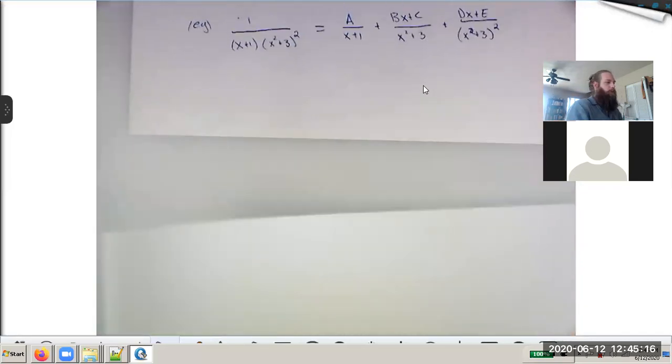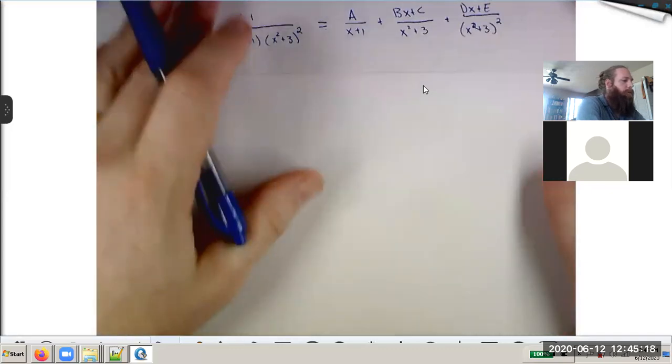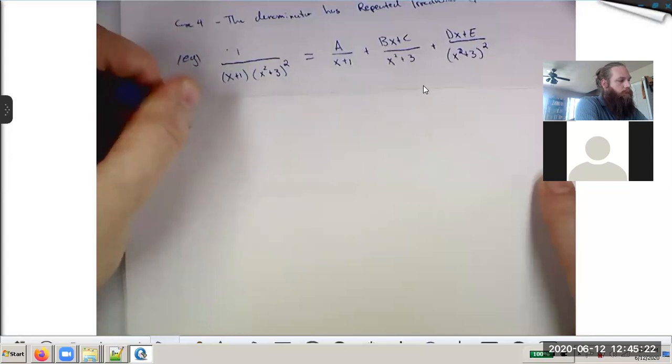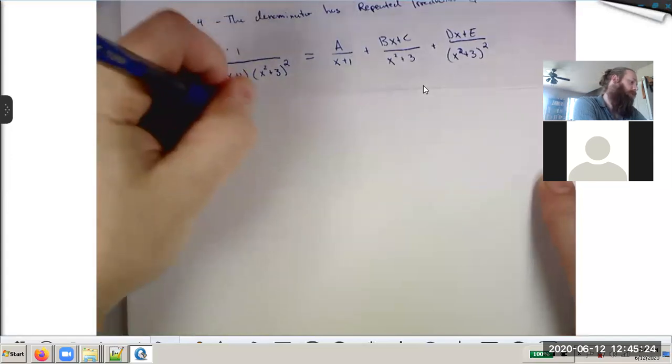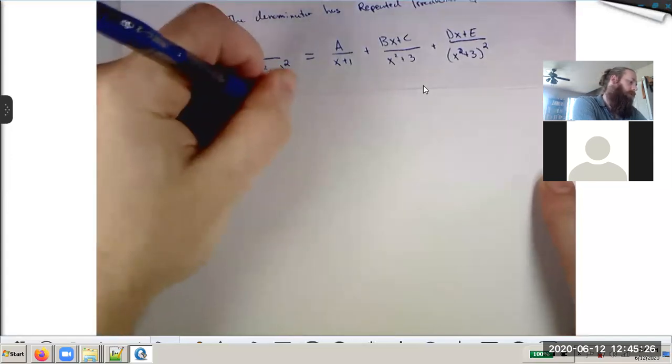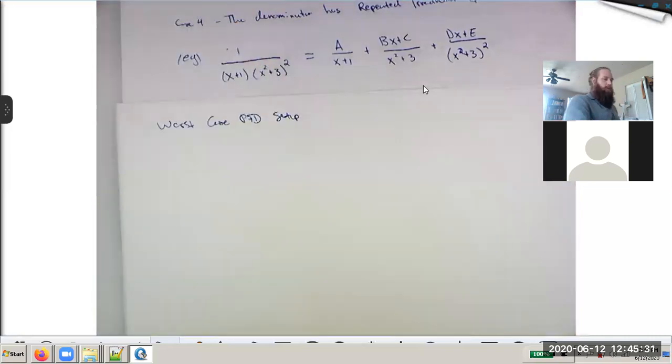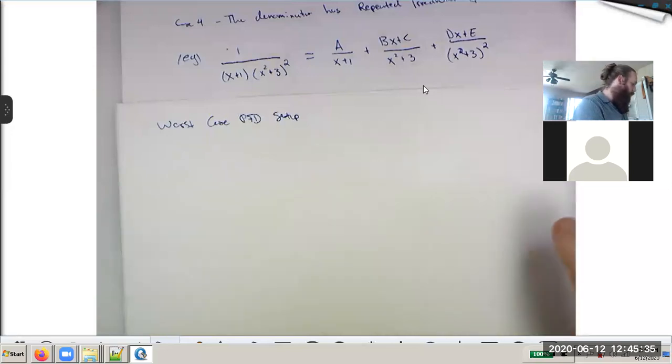Okay. So what does a worst case PFD setup look like? It means I have all the nasty stuff. It means I've got cases 1, 2, 3, and 4. So what does that look like?